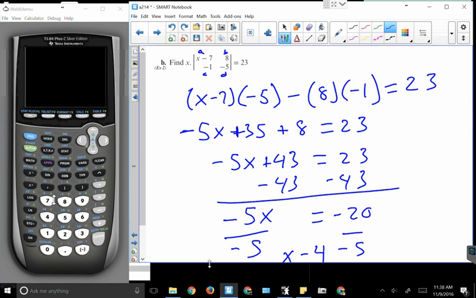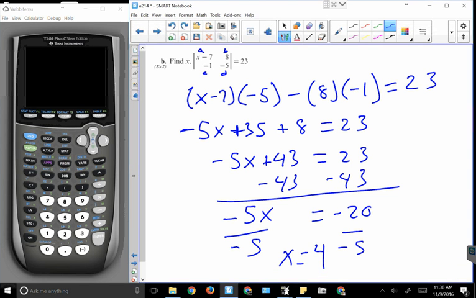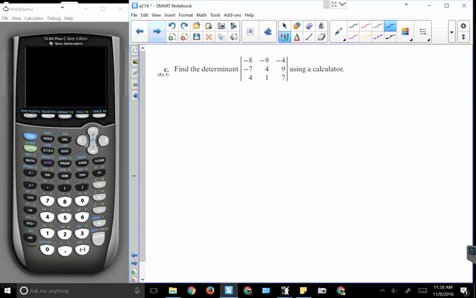All right, gentlemen, you ready for the next one? Okay. Here we go. Find the determinant using the calculator.